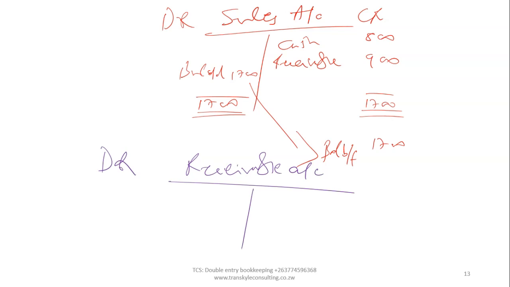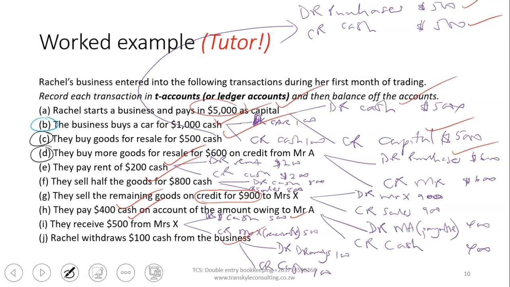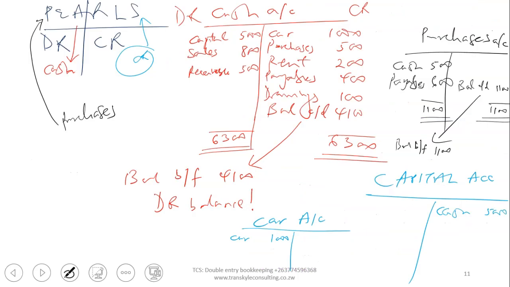Okay, receivables account. Remember, this is the debit, this is the credit side. Okay, and receivables are assets, and by default they should have the balance brought forward. So what then happens? They emanate from sales. So initially their debit balance is from sales. How much sales were sold on credit? We are told that they were $900, which was sold to Miss X here.